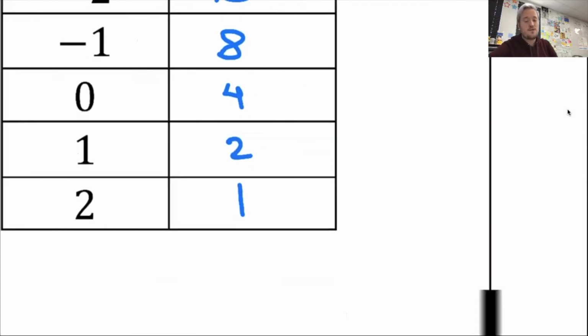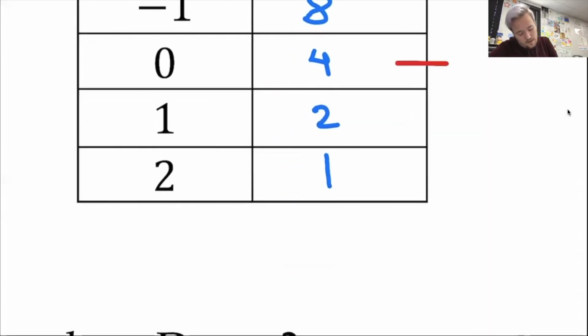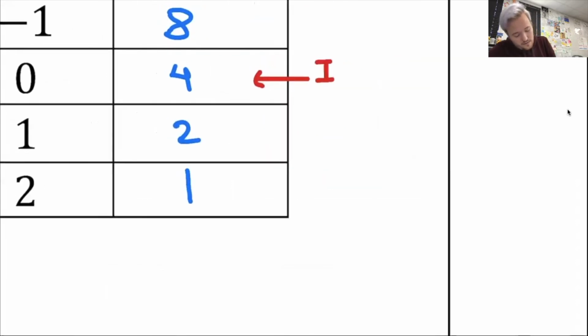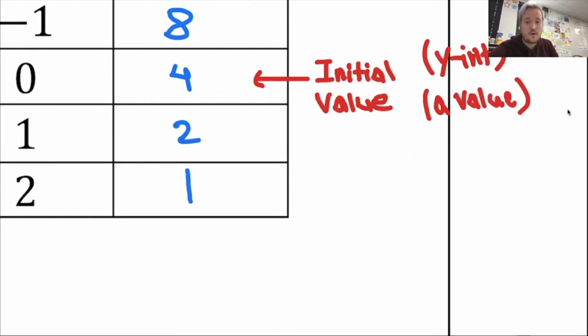Okay, so just for frame of reference, right here, 0,4, this is your initial value. So when I say initial value, this is also the y-intercept, and it's your a value, the a value in your equation.